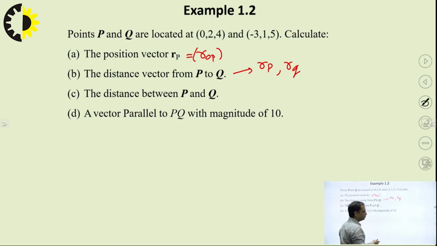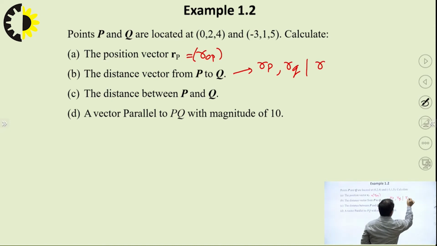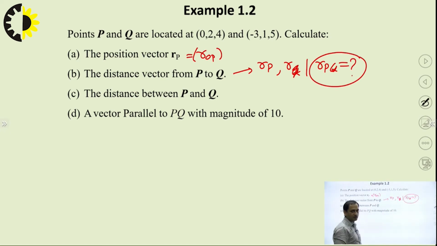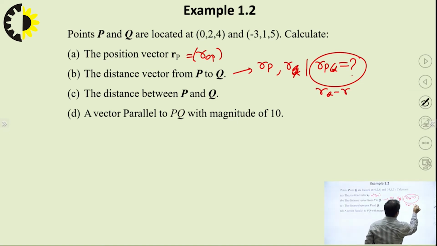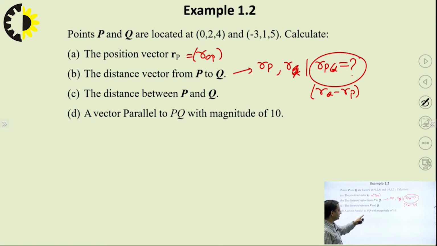This is RPQ, you have to find this one. And this formula you are aware of now, RQ minus RP. Clear?